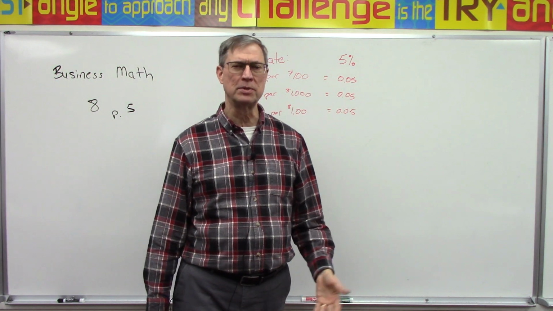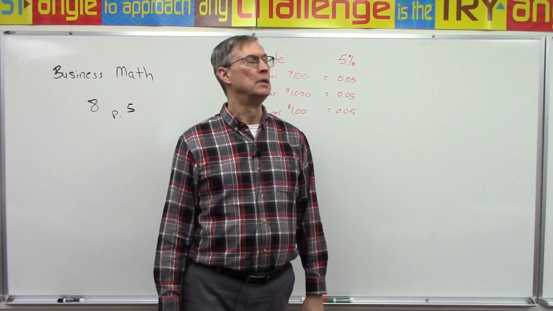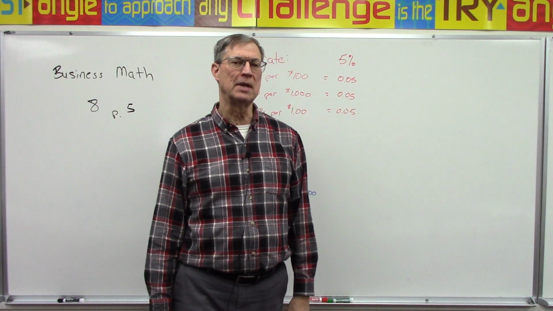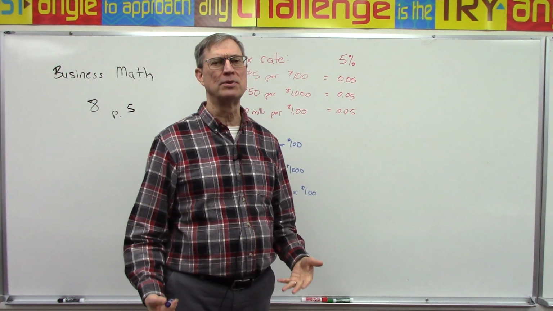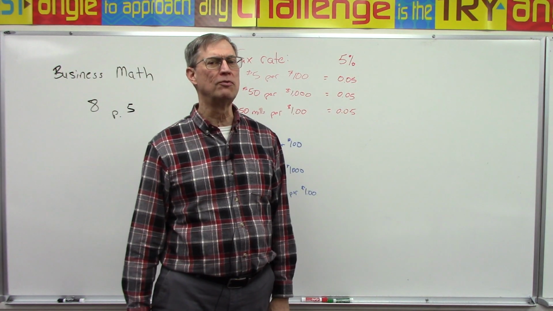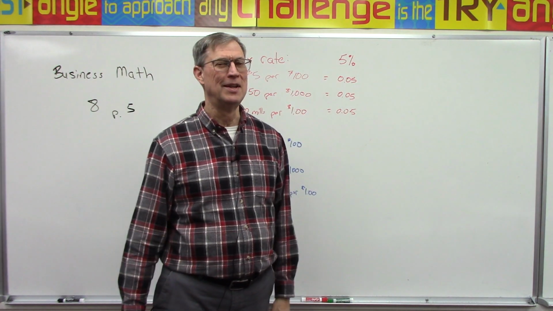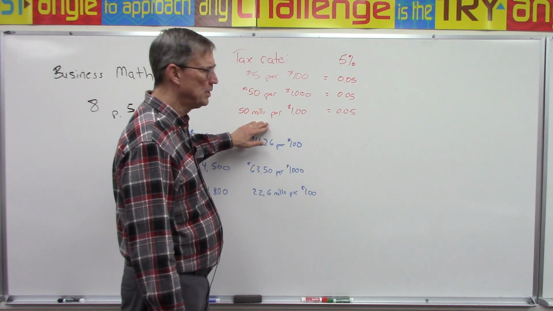It's probably 3%, 4%. Here in Pennsylvania, it's 6%. That's similar, but they don't express it as a percent. I think the reason is they're trying to confuse people. That's my personal opinion. And the mills is the most confusing, so we'll get to that one in a second.